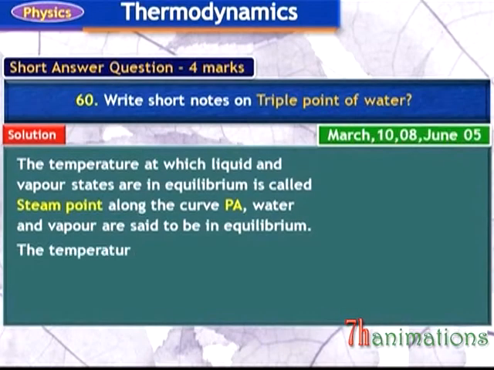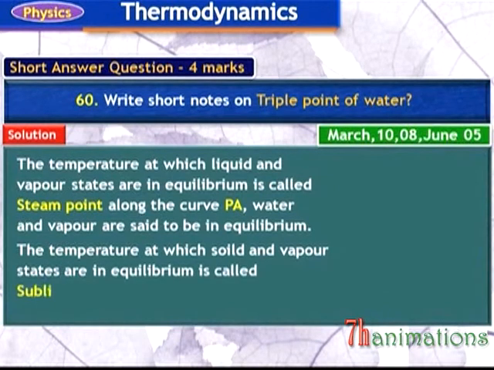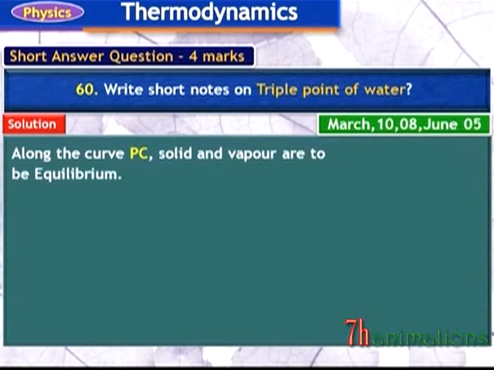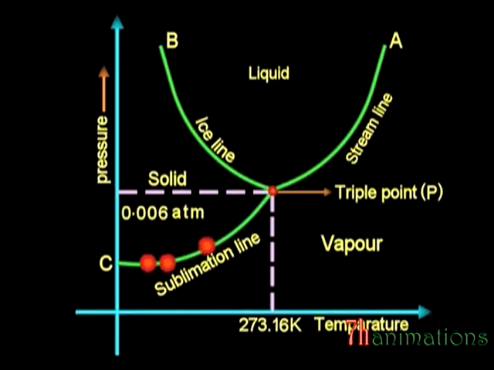The temperature at which solid and vapor states are in equilibrium is called the sublimation point. Along the curve PC, solid and vapor are in equilibrium, meaning above this curve the water is in solid state, and below this curve the water is in vapor state.